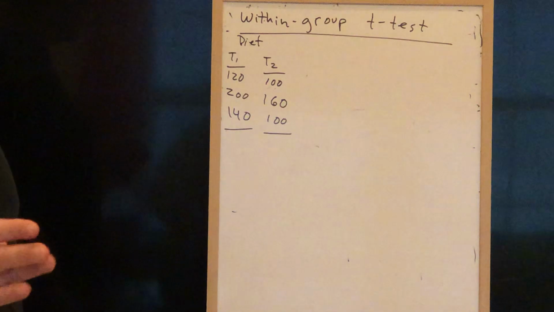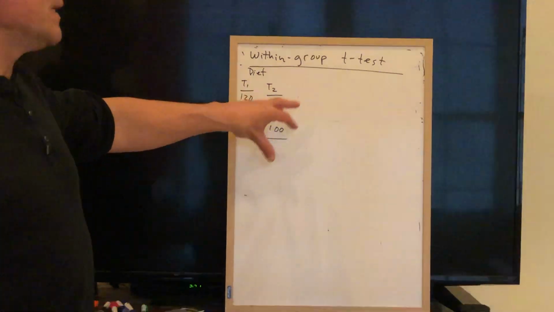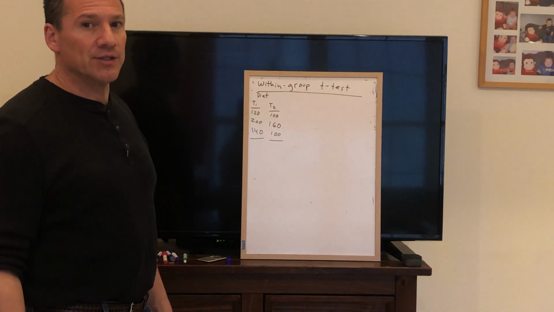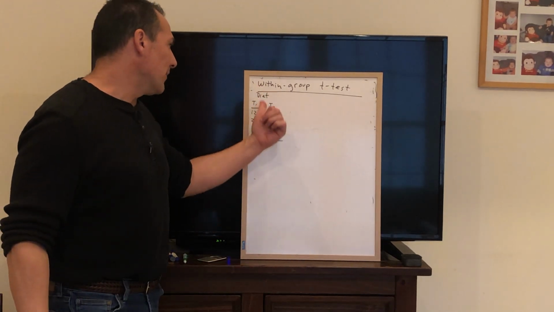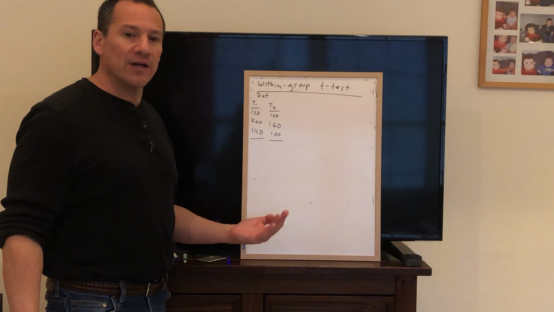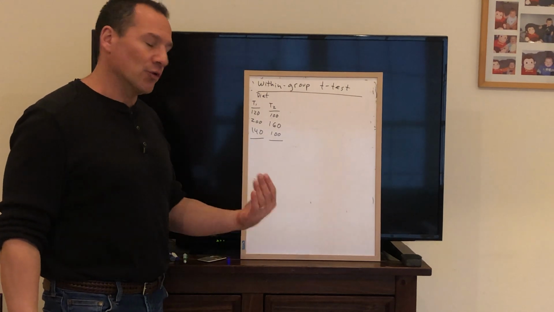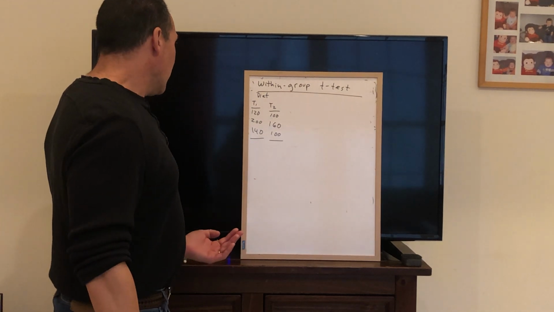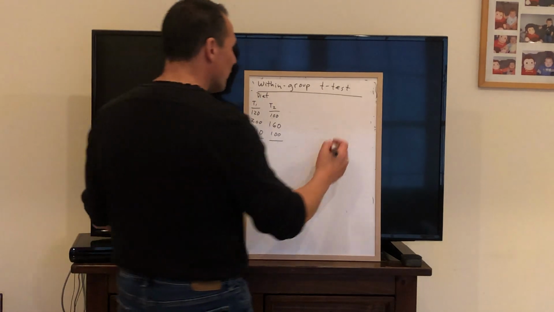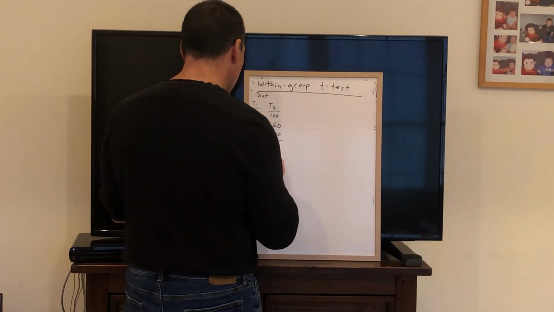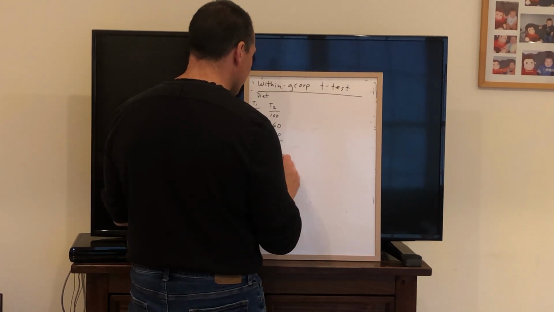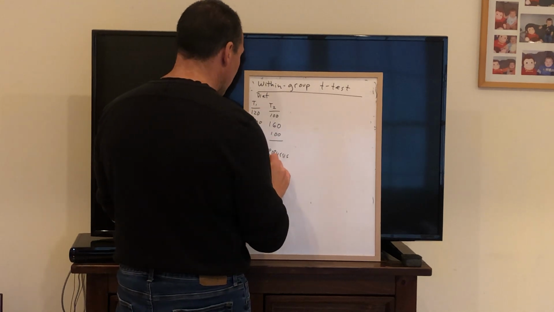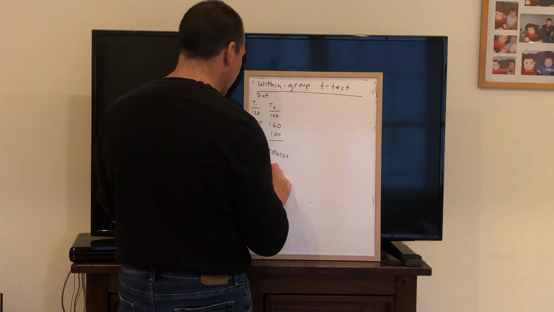Okay, so that's a classic within group t-test design or situation, and it's often used for a pre-test, post-test. You want to see if some intervention led to some kind of change, either higher scores or lower scores. We're going to start with the hypothesis articulation, H sub 1 and H sub 0.